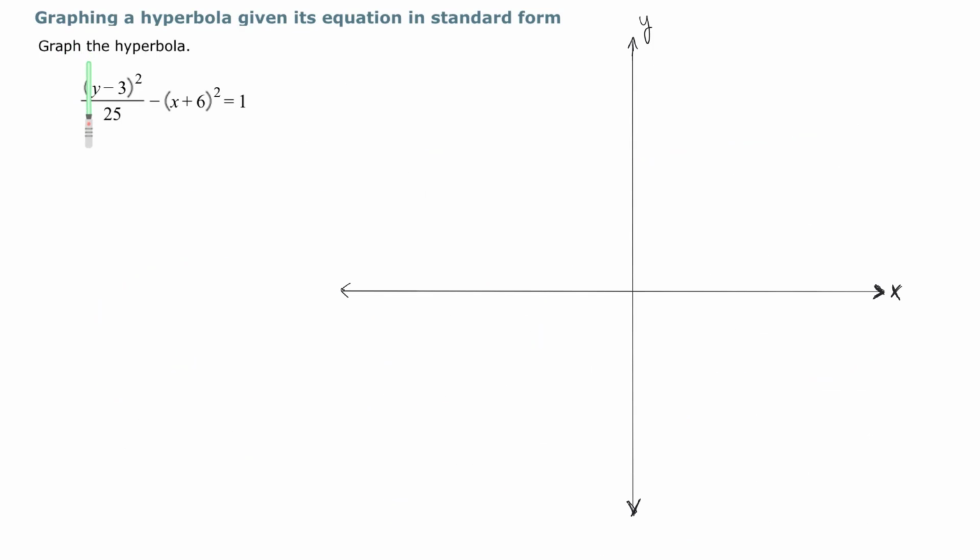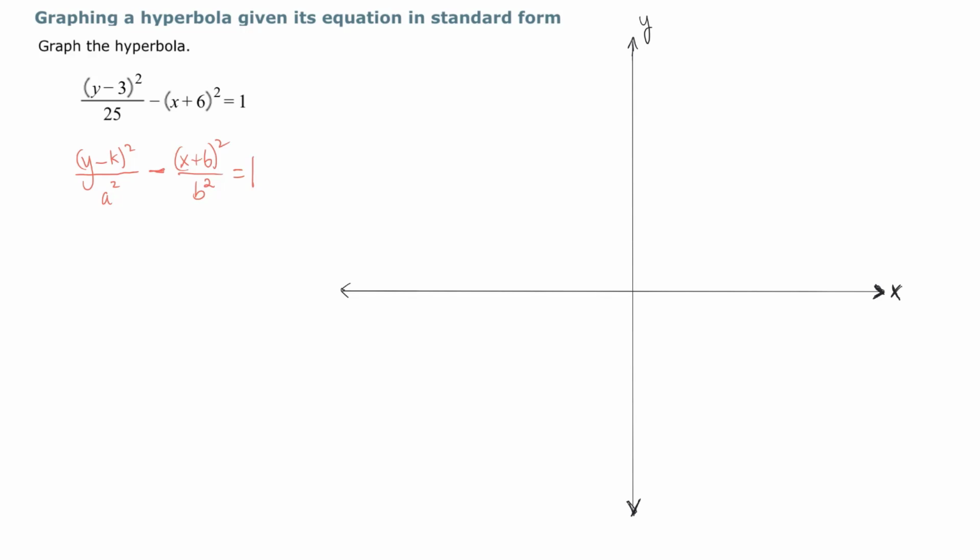We're going to go ahead and graph this hyperbola. We got to make sure it's in one of the standard forms. And this one actually starts with the y values first. So let's write the standard form for that. Y minus k quantity squared over a squared minus x minus h quantity squared over b squared is equal to 1.